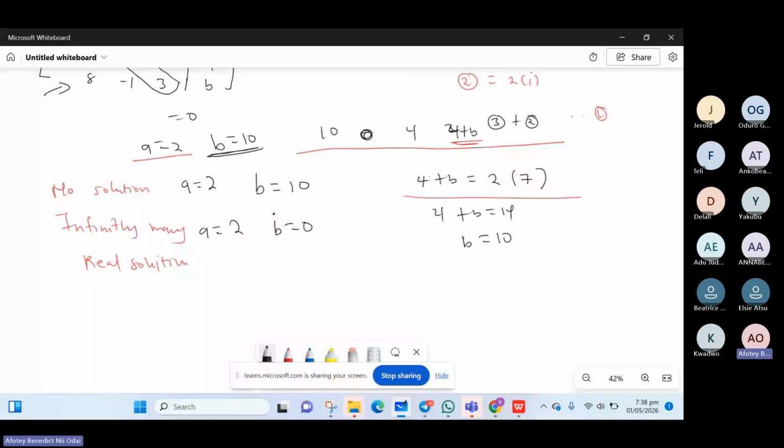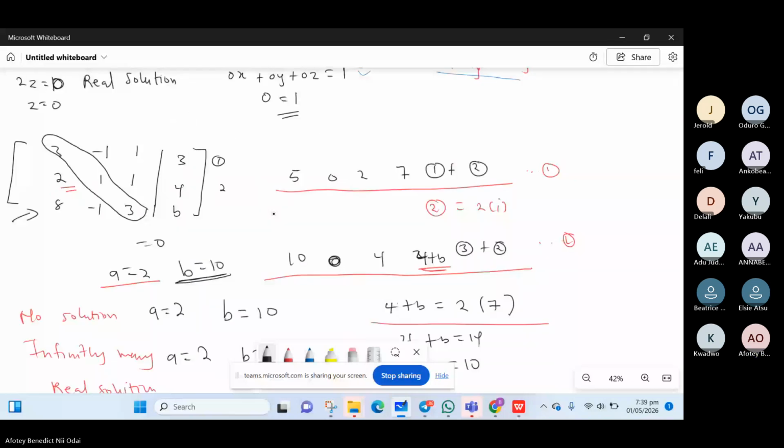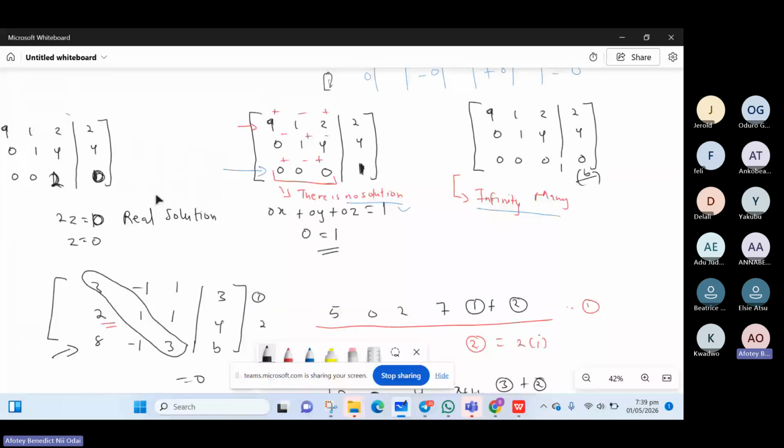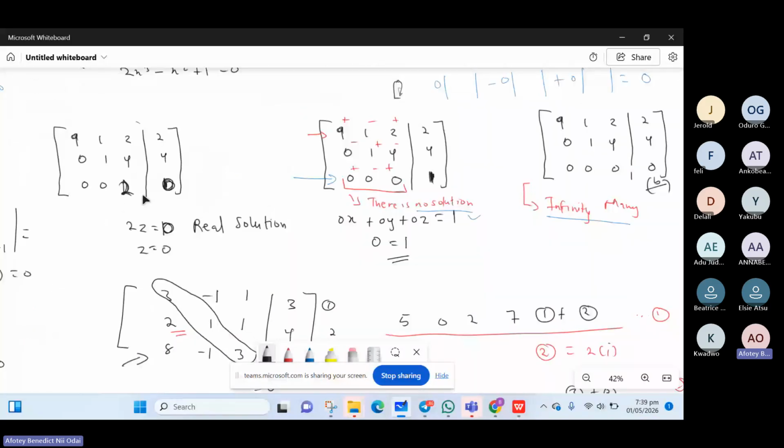Okay. Now, for a real solution, it's somewhere here, right? So for the real solution, we've seen that the determinant should not be equal to 0, because once the determinant is equal to 0, we are getting a row full of zeros.